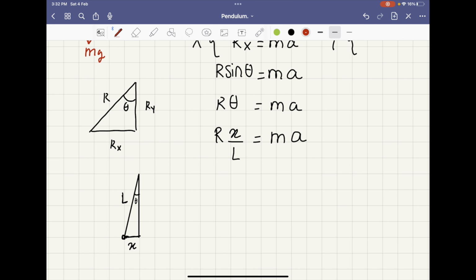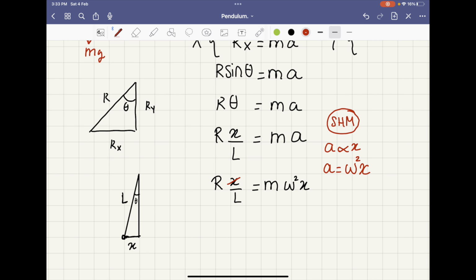And this is a simple harmonic motion system. So what do we know about a simple harmonic motion system? We know that the acceleration is proportional to x. So the acceleration is equal to omega squared x. If you don't know why, go and watch my other screencast. So R x divided by L is equal to m omega squared x.